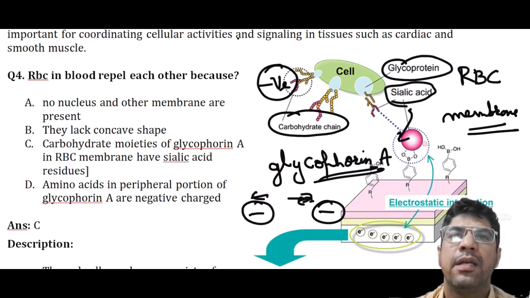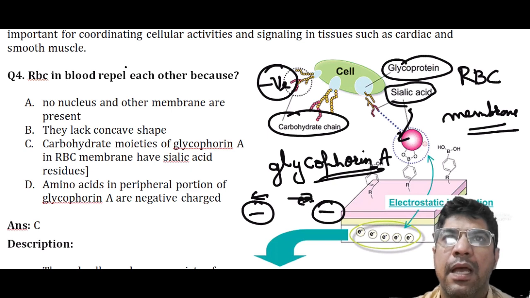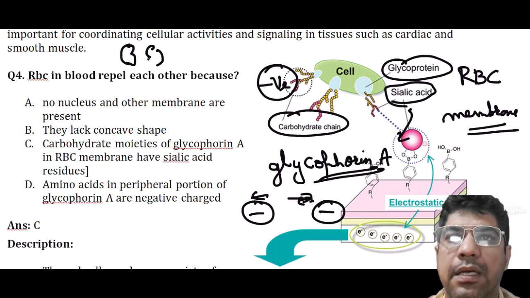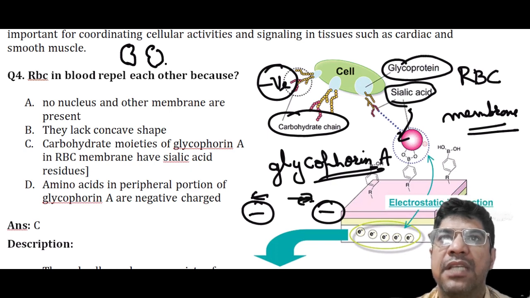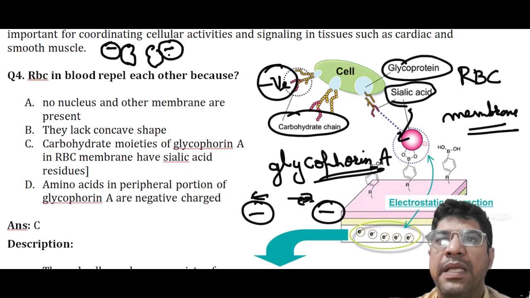You can remember it by considering each RBC as a tiny donut. On the surface of the donut, there are glycoproteins with negative charge, like tiny magnets that push them away from each other.